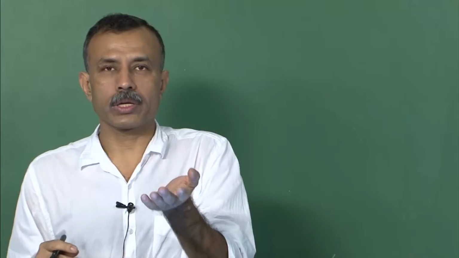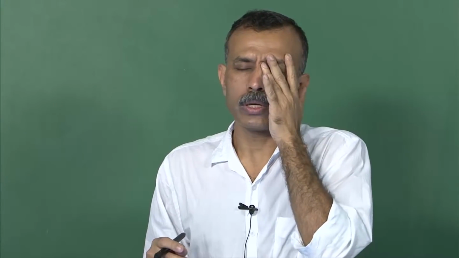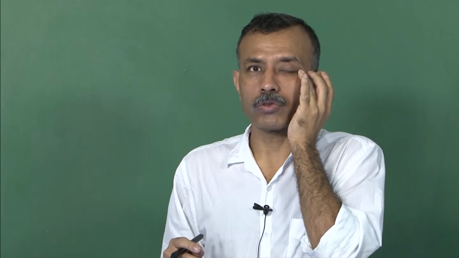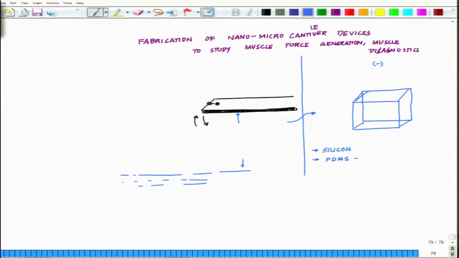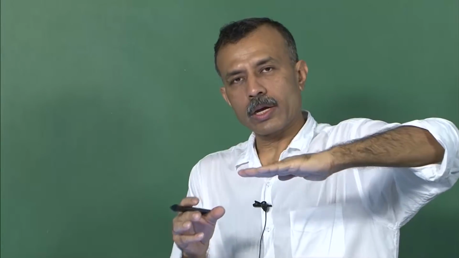PDMS is, I think, Dow Corning's patented compound. So you take a wafer like this. Now what you do, you have to have a mask which will say what kind of shape you are asking for.